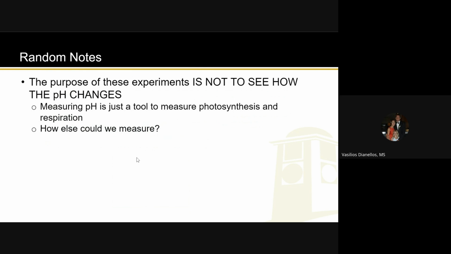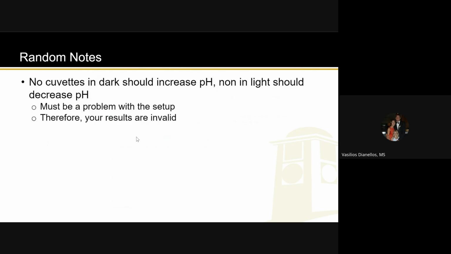If we could measure the amount of glucose, we know if glucose is increasing, photosynthesis must be happening because it produces glucose. If glucose is decreasing, we know respiration is happening because it uses glucose. You can reverse the video if you want to look at that again. But there are all kinds of ways to measure photosynthesis and respiration. It just so happens that this is how we are measuring it. Some other random notes. Again, I've already said this, so I'm reiterating it and you're putting it in writing.